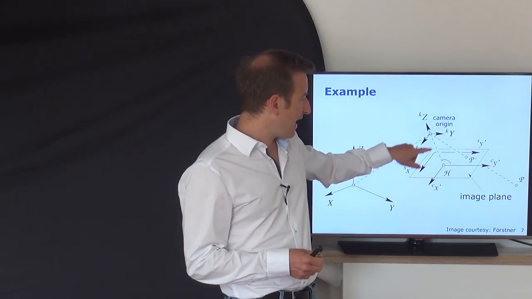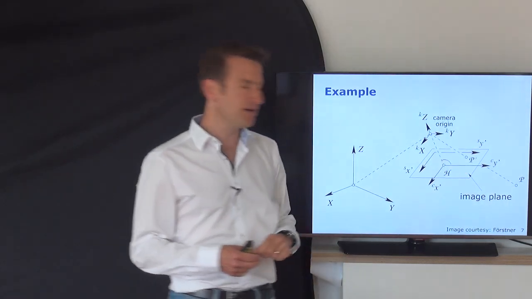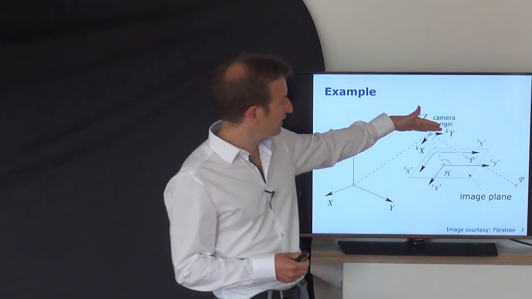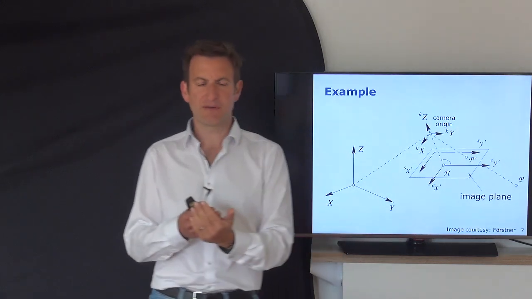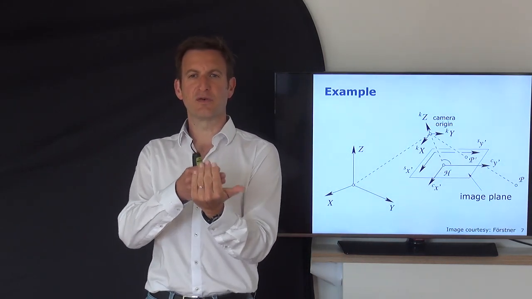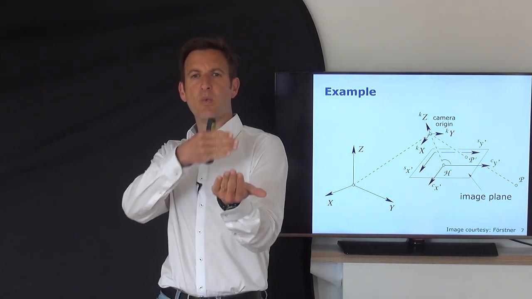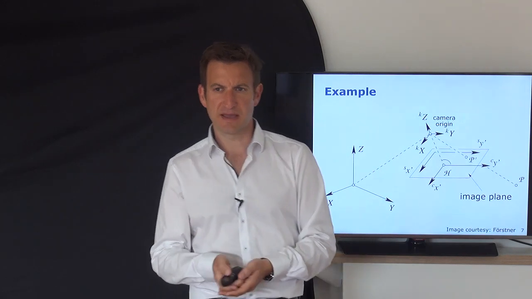And then I have an image plane, which sits somewhere over here. This image plane is typically shifted from the camera coordinate system by a constant, the so-called camera constant. So how far is the image plane away from the projection center of my camera?